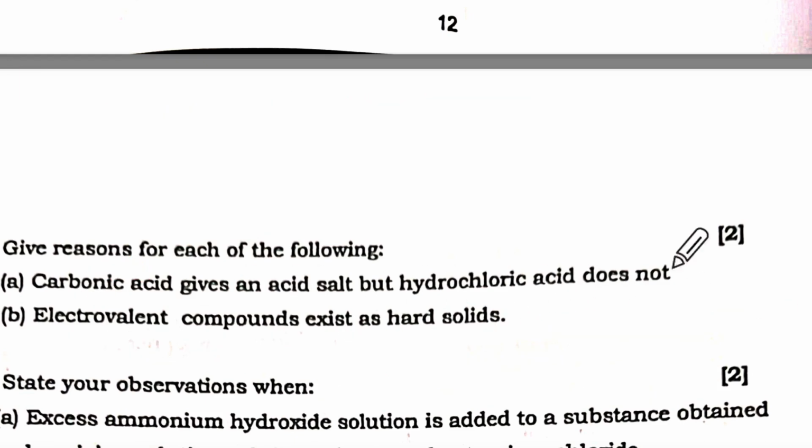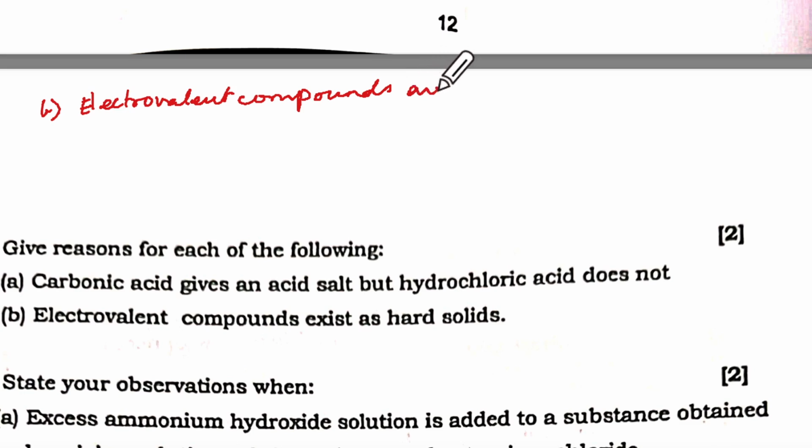Electrovalent compounds exist as hard solid. So you have to mention the first thing, electrostatic force. But you'll have to add one more word there. Electrovalent compound, they are made of ions, right? Correct or no?